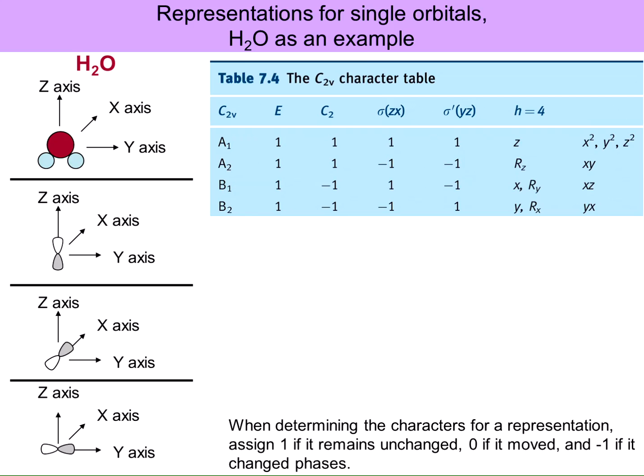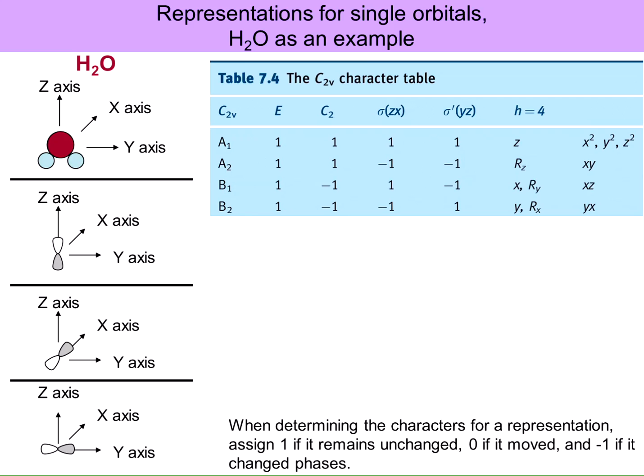So since we used water as an example for looking at the molecular vibrations, we want to use water as an example for determining the molecular orbital diagram. So we said that water has C2v character. So we find the C2v character table in the back of the book. And we're going to start off by looking at the atomic orbitals for the oxygen.